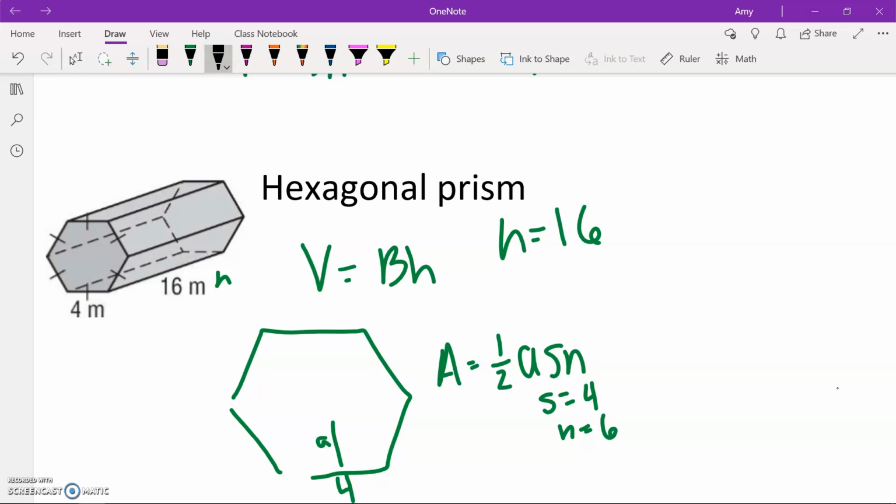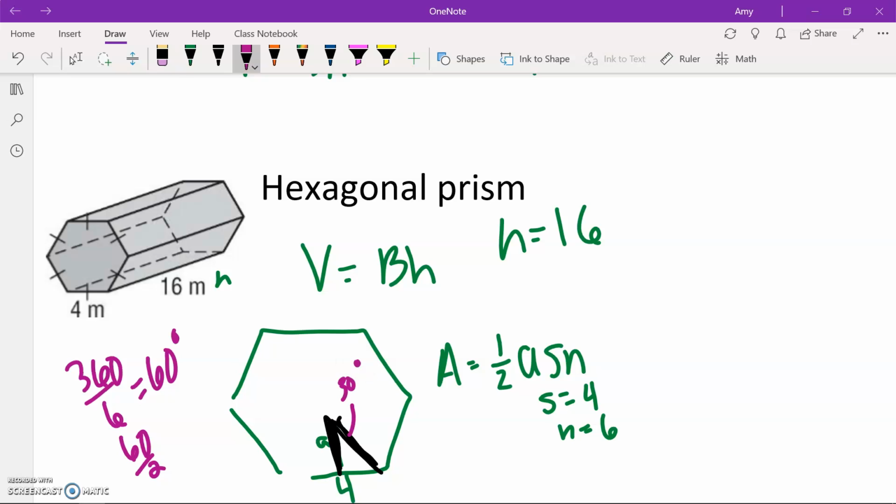To calculate our apothem, we're going to have to use this triangle here and do some trigonometry. To calculate that triangle, I'm going to need to know this angle up at the top. That angle up at the top, we're going to do 360 divided by 6 gives me 60 degrees. And then I'm going to do 60 divided by 2 to get that this angle right there is 30 degrees.